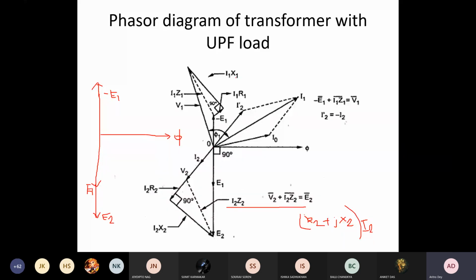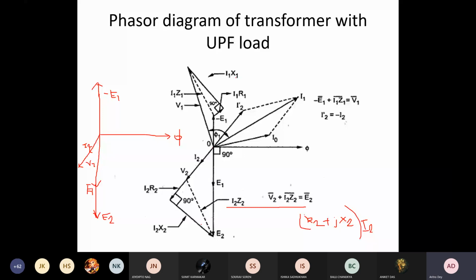If this is your V2, then V2 and I2 are of the same phase because it is a UPF load, right? So it will have I2 R2 and then J into I2 X2, like the way it is shown.